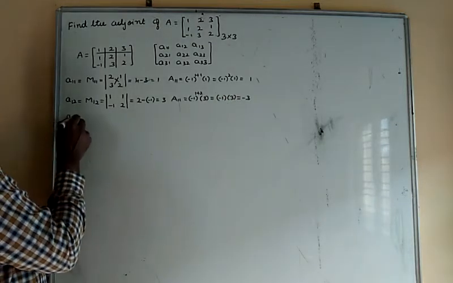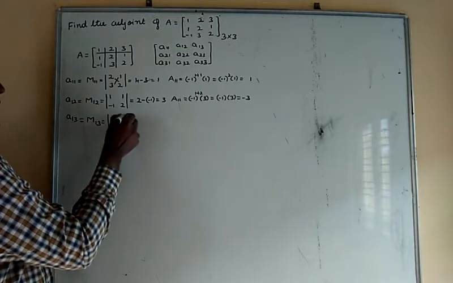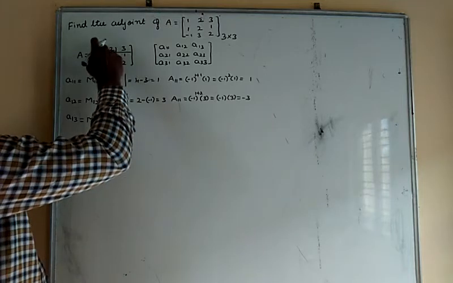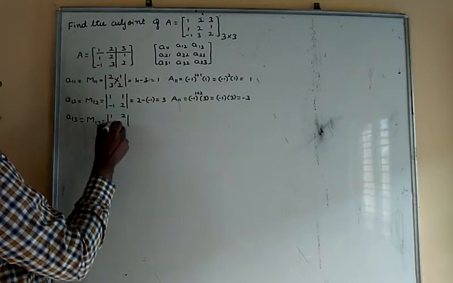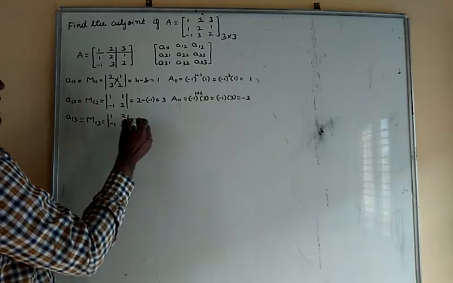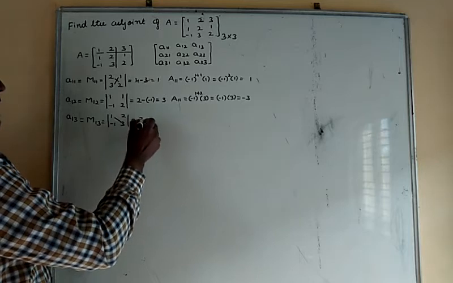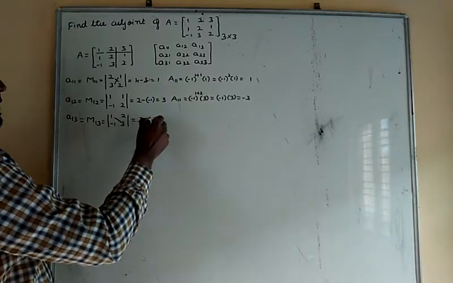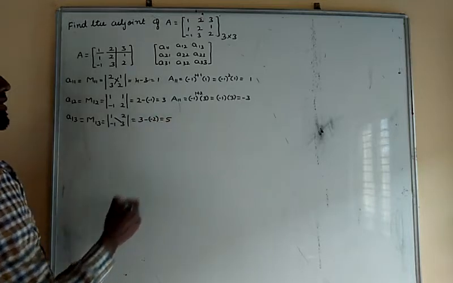Now let us take A13. The minor is M13. M13 means you have to leave the third column and the first row, leaving 1 2, minus 1 3. Then 1 into 3 is 3, then minus of minus 2, that is minus into minus plus, then 3 plus 2 is 5.